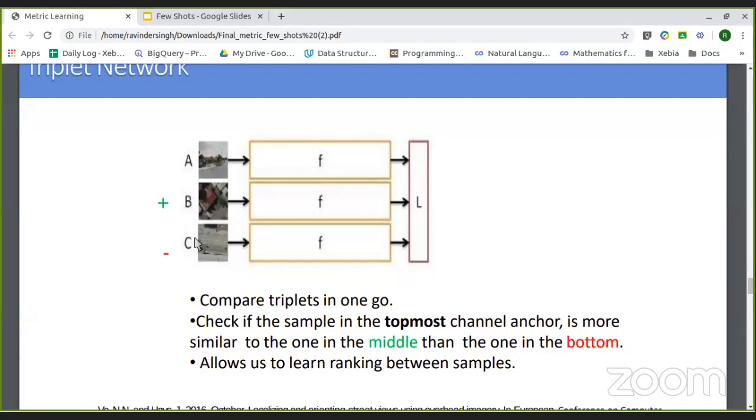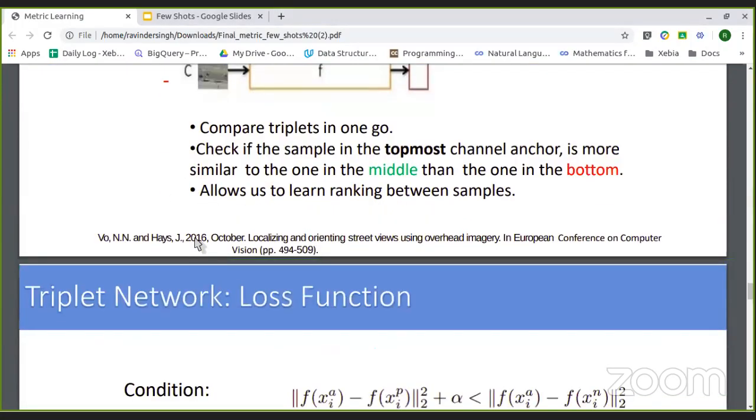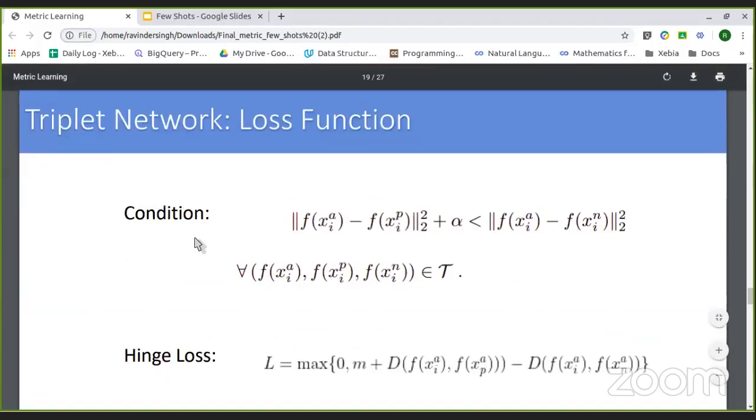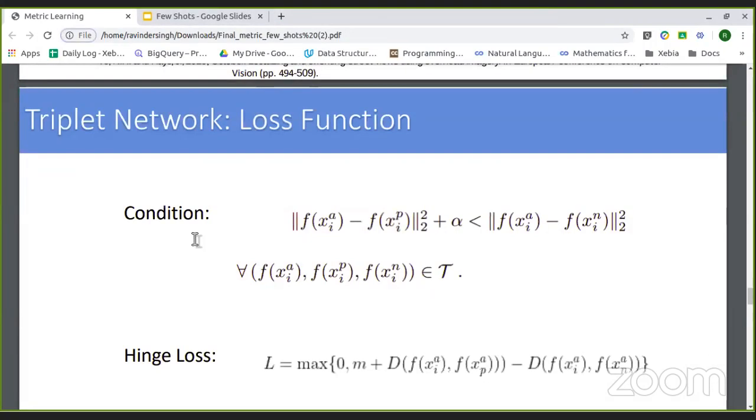In order to do that, we need a triplet loss function. So why do we need it? We need it so that we can create a large distance between the embeddings that are not similar and a small distance between the embeddings that are similar.